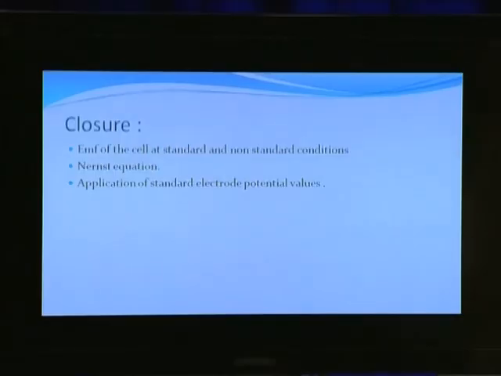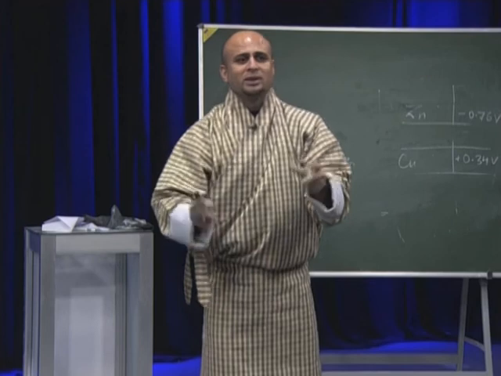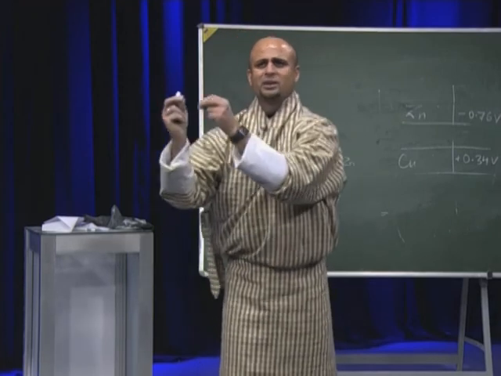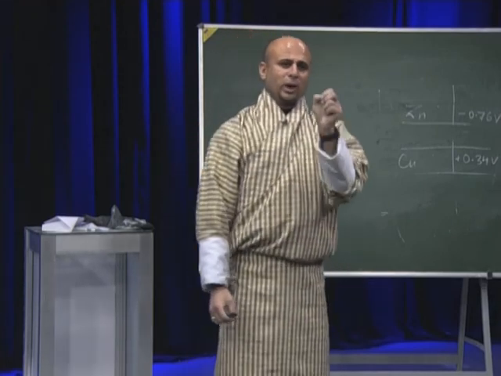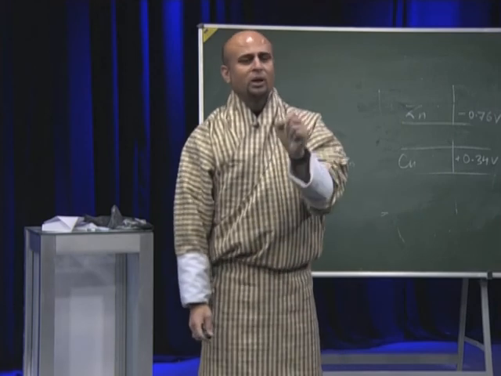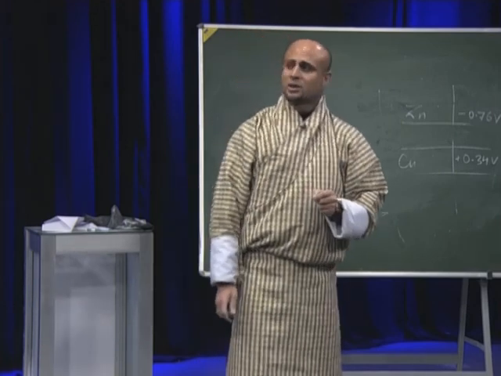First, EMF of the cell at standard and non-standard conditions. For standard, we use the formula E naught equals E cathode minus E anode, where both electrodes' reduction potential values are taken. We say the cell is in standard state when the concentration is 1 molar and temperature is 298 Kelvin.